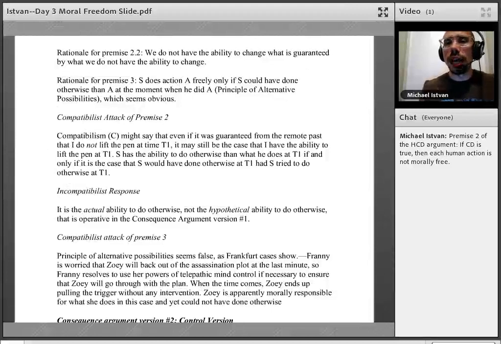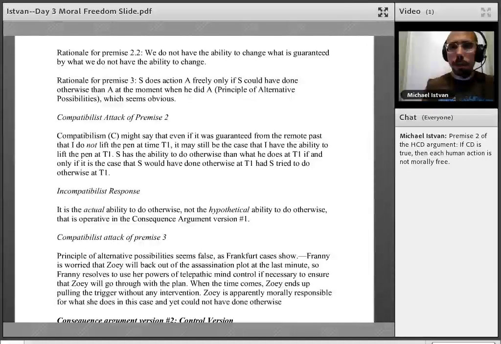That seems pretty obvious. I don't have the ability to change the fact that I lift the pen right now if my lifting the pen right now was guaranteed by what I don't have the ability to change. Pretty simple. This is called the transfer principle.